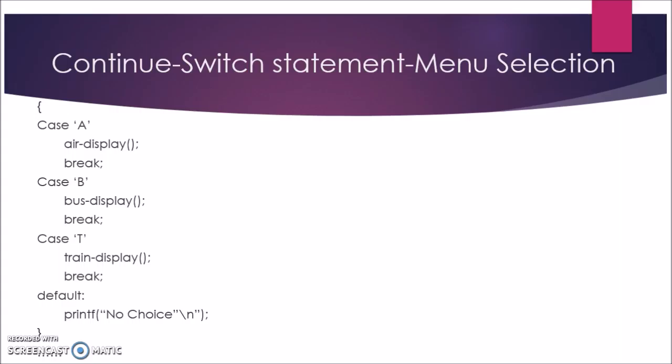These timings are written in separate functions which will be called here. For example, if your user choice is A, it is going to display the air details. This is a function which is written separately. If there is no choice, by default it will come out of the program.